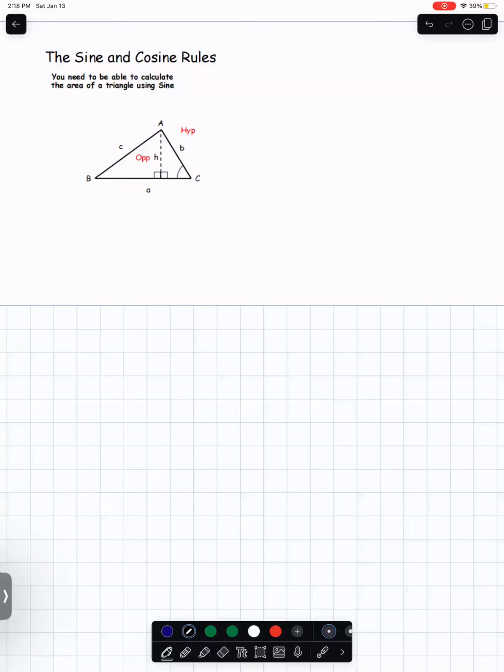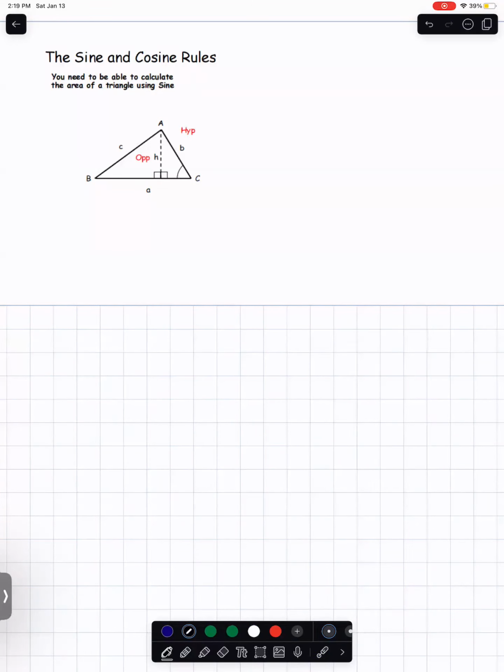So we are going to be using the sine and cosine rule to calculate the area of our triangle using sine. So we have our triangle given to us here. We want to derive the formula on how to calculate the area of a triangle.